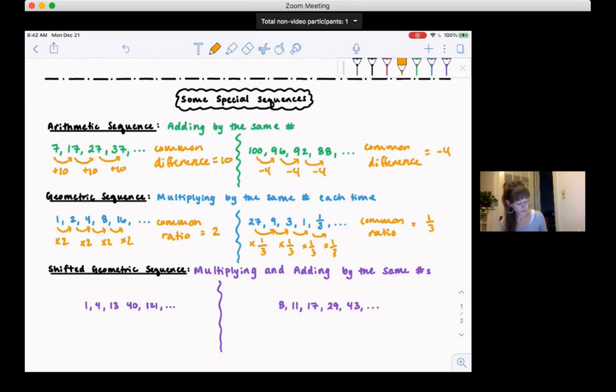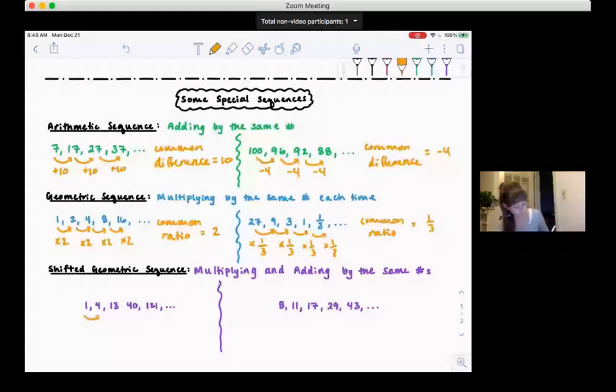All right, the last type of special sequence that we're going to look at is called a shifted geometric sequence. And this basically combines arithmetic and geometric. You're going to have a number that you multiply by and a potentially different number that you add by. But the number you multiply by and you add by are the same every time. So these are a little bit more complicated to recognize.